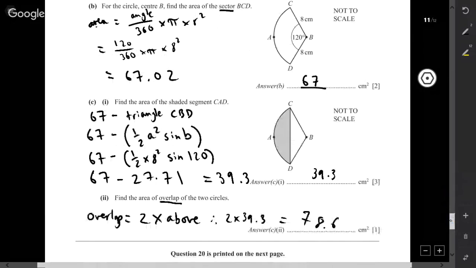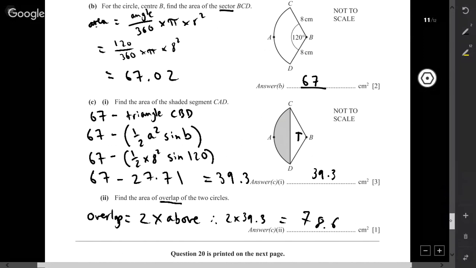Find the area of the shaded segment CAD. Okay, so we know that the area of the sector is 67. We just worked that out. So all we need to do now is find the area of this triangle and minus it from 67. So again, another triangle formula for you: half a squared sine b.